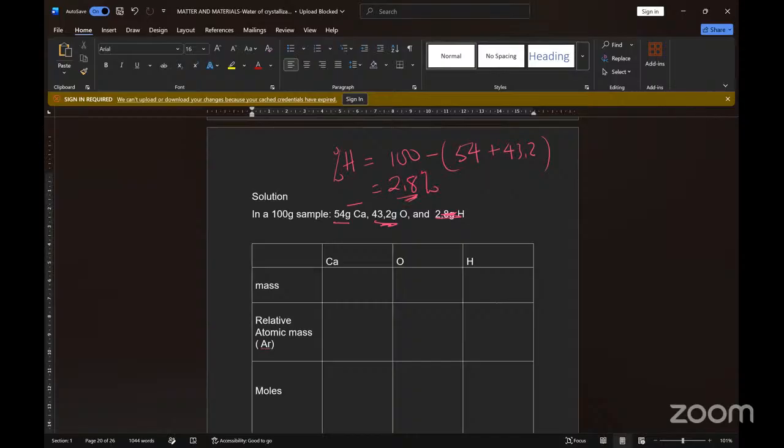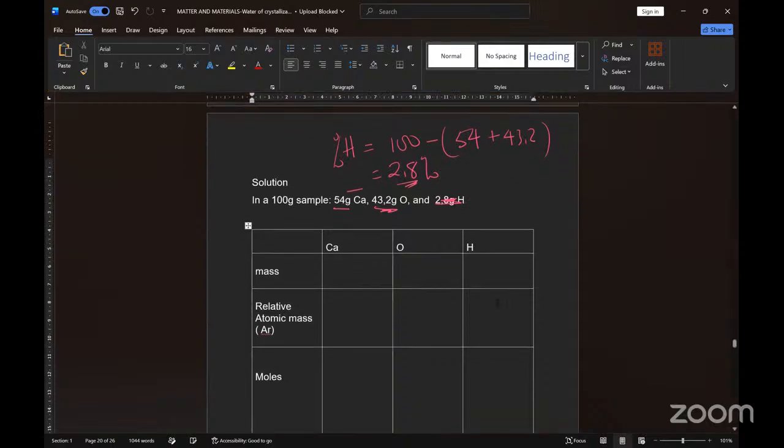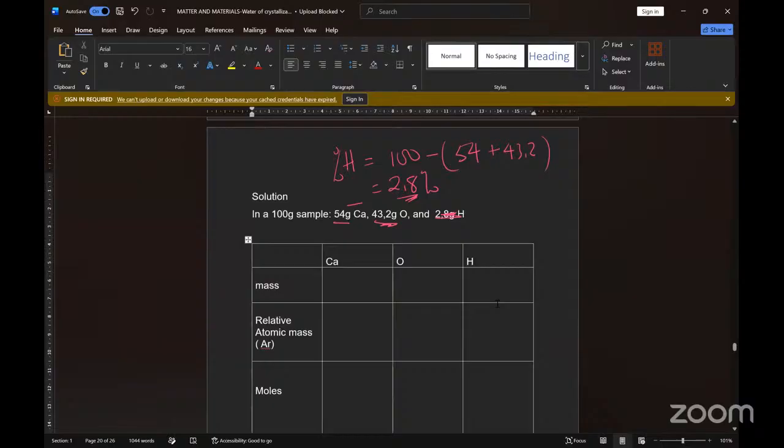So let's see whether when we add everything, we will get 100. Let me do it here so that you see that it's not magic. This is 54 plus 43.2 plus 2.8. When you add them, you should get 100. Okay, so that is how you get this one.